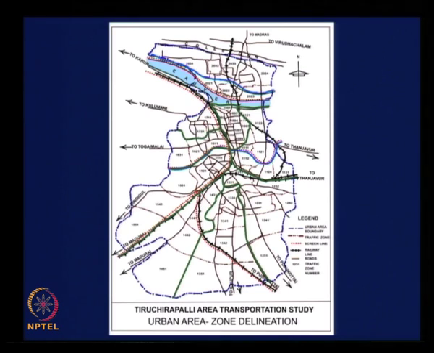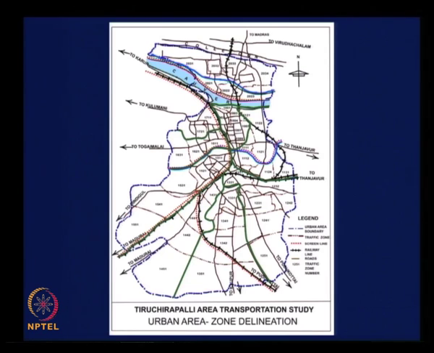And as you go further away from the CBD, you can see that the zone size gradually increases, and you can see the size of the zone here at the peripheral area compared to the size here. It is based on the guidelines we discussed earlier, right.